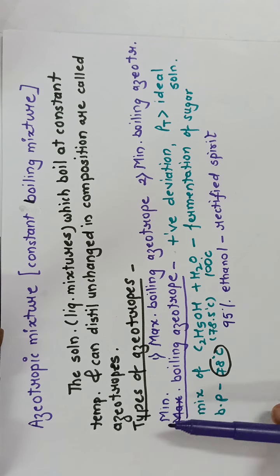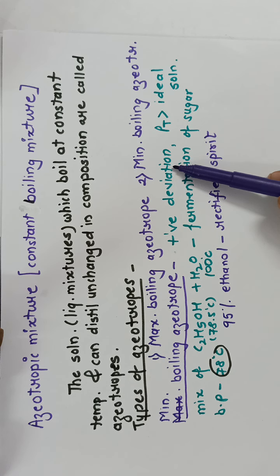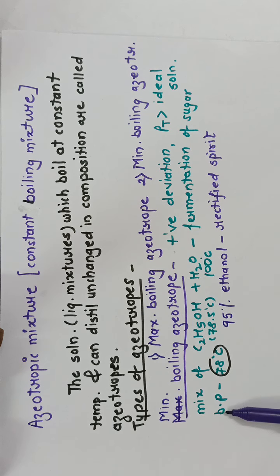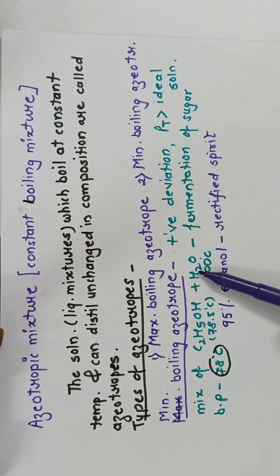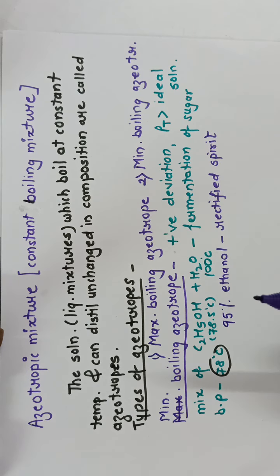So what are the characteristics of minimum boiling azeotrope? Such mixtures show positive deviations. Their total pressure will be greater than the ideal solution and they will boil at a lower temperature than that of the liquid components. So now let us study the next one, maximum boiling azeotrope.